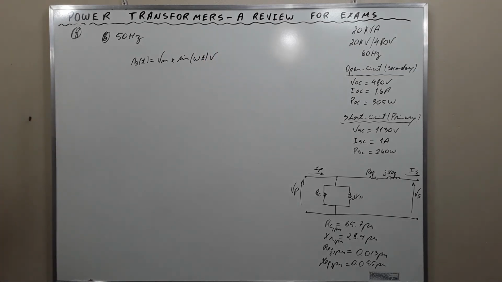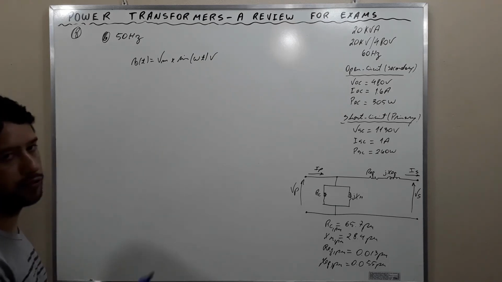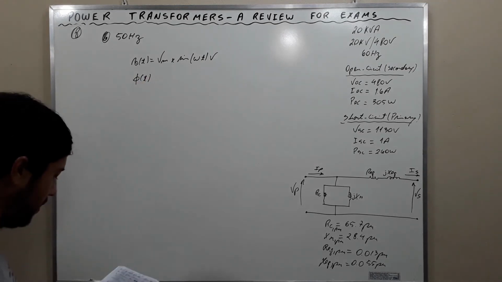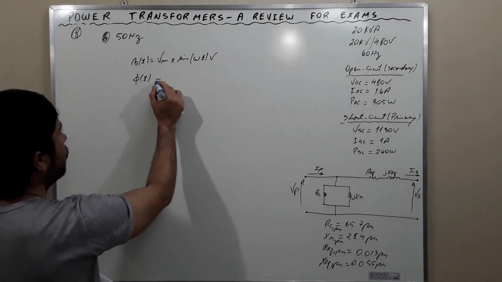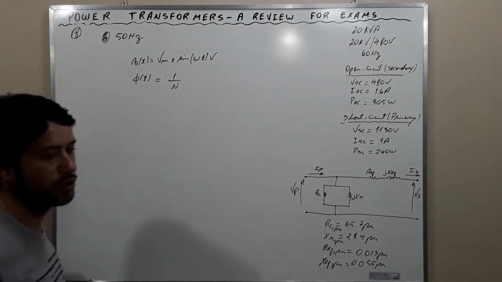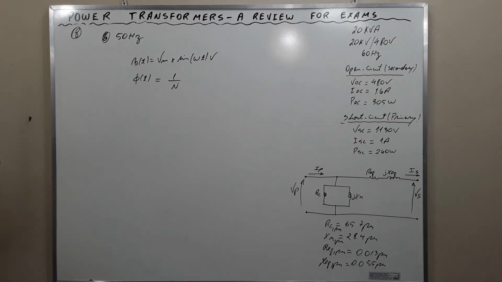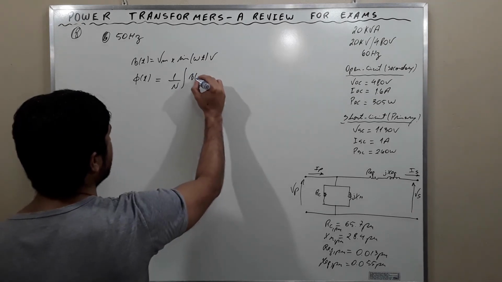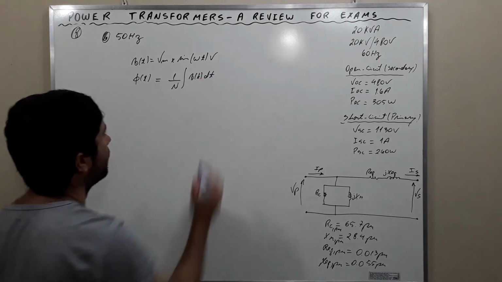And the flux in a transformer core is equal to 1 over N, which is the number of turns, times the integral of v of t dt.